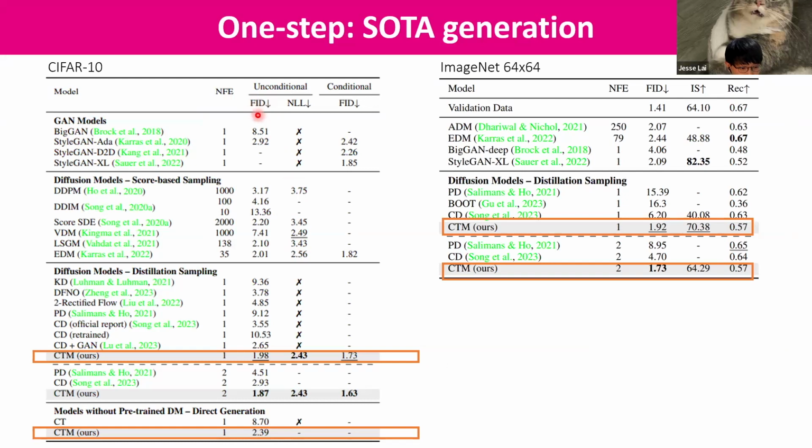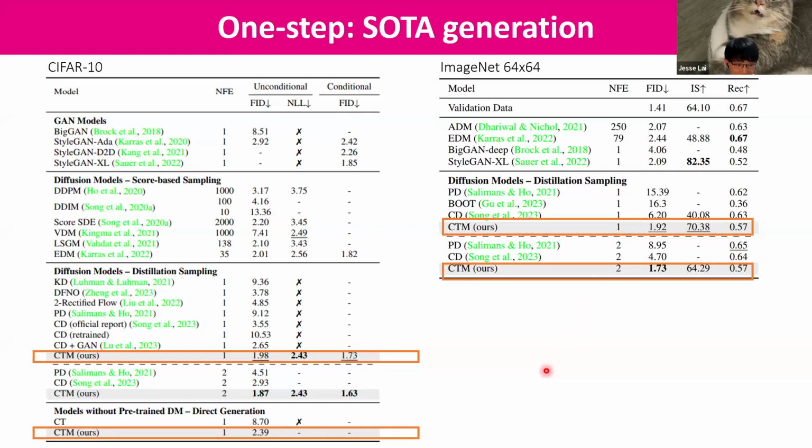This is the FID score, and you can see CTM is even better, 1.98, than the EDM, which is 2.01. And over here, if you just focus on 1-step generation, 1.92 is even better than EDM, which is, oh okay, here, 2.44.